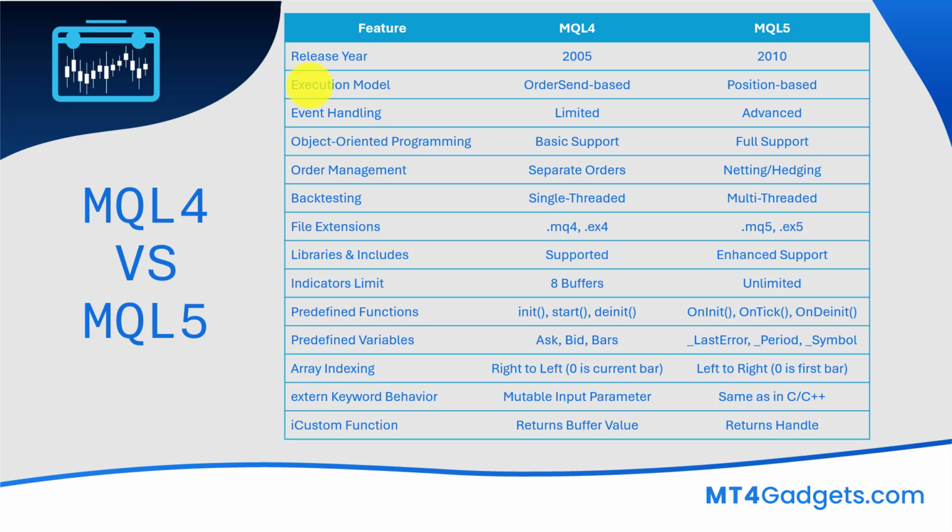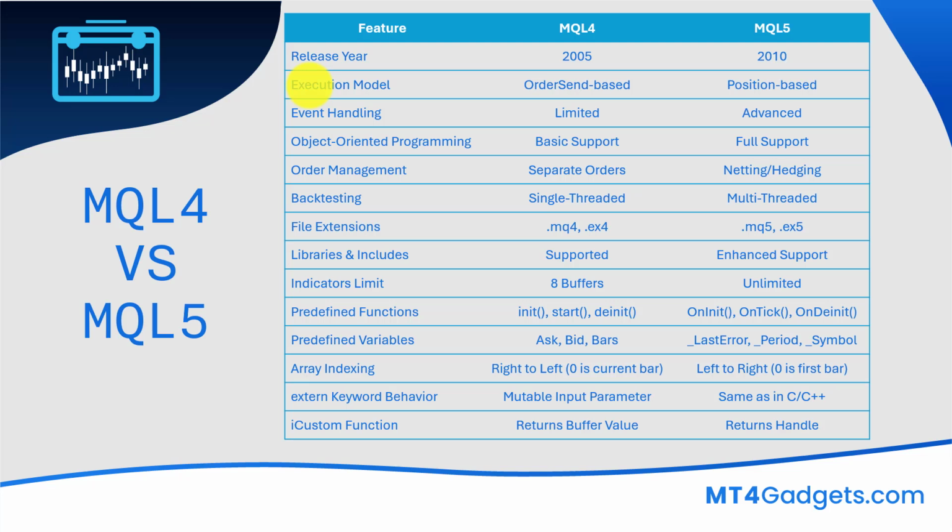But for object-oriented programming, definitely MQL5 is the stronger one. Order management is partially related to the execution model. So you have, again, separate orders in MQL4, while MQL5 deals with positions. So you also have netting and hedging options in there.